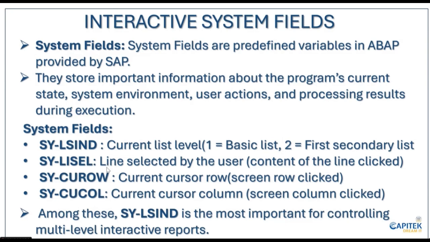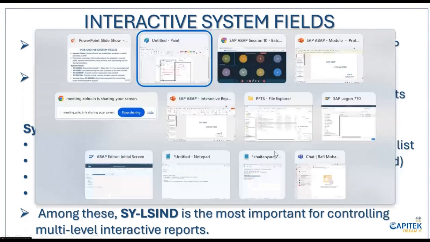In our case, in interactive reporting, the system fields are like LSIND. We call it the list index. LSIND stands for list index. It tells you which list we are in, whether the primary or basic list, or the first secondary list. As I told you, this is the primary list, and this is the first secondary list.